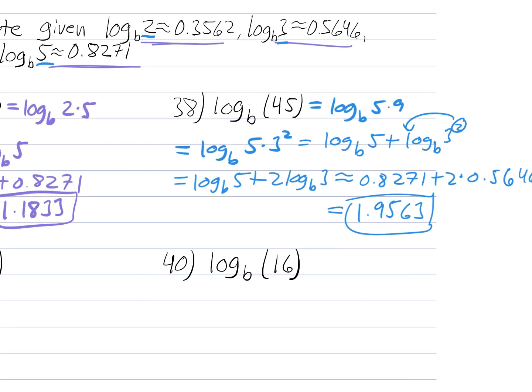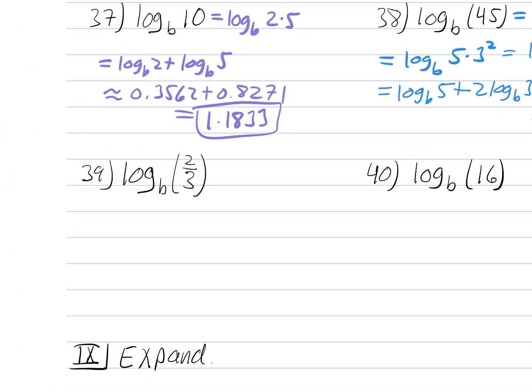Something like 2 divided by 3. I don't know what log base b of 2 divided by 3 is, but I know that with that division, we can turn it into a subtraction. So this is going to become log base b of 2 minus log base b of 3.